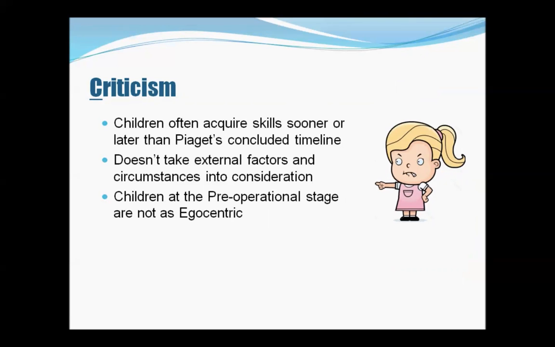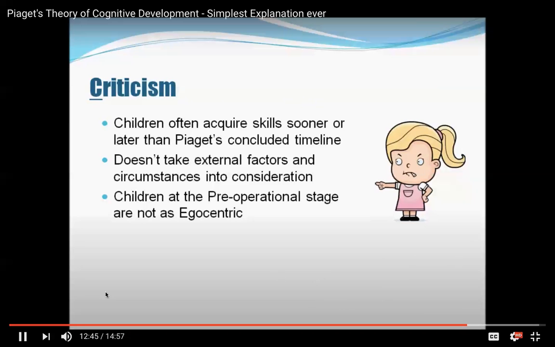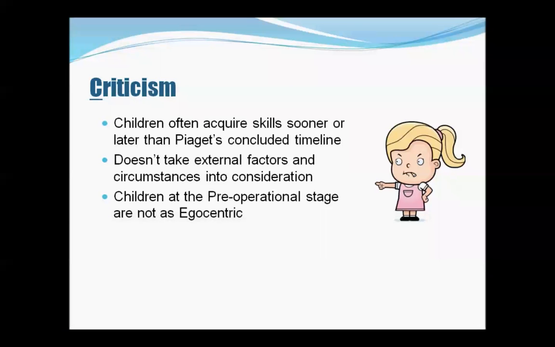It is observed by various people, various groups, after a lot of studies being conducted, that a lot of children tend to develop various skills at different time periods, and it's not as concrete, not as specific as Piaget tended to believe. And also another very important criticism for the theory of cognitive development is that it doesn't take any external factors and circumstances into consideration.